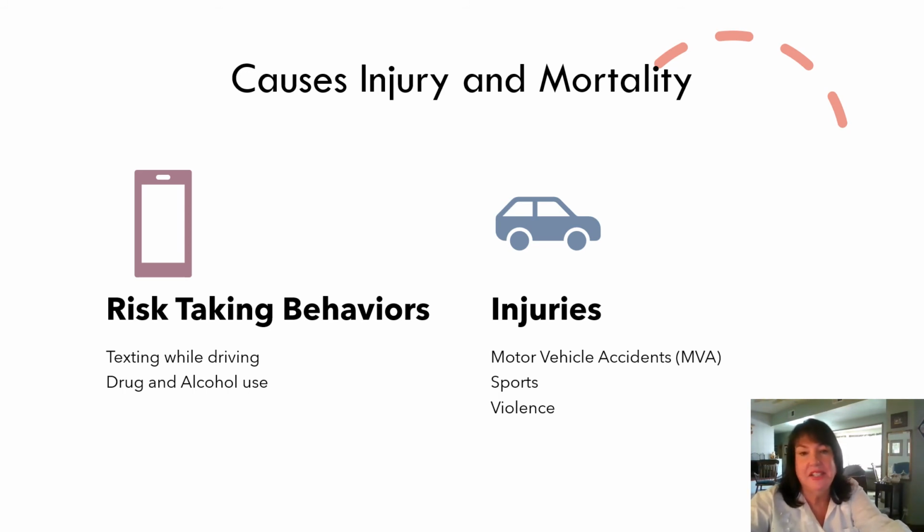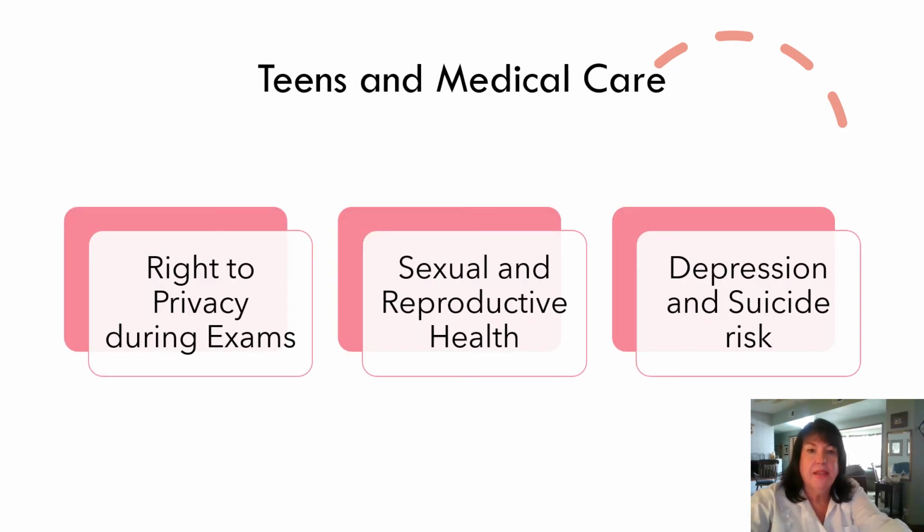Violence, their risk of death and injury from violence is higher too, just because that age group sometimes can feel less threatened, and sometimes they can be less wise about staying out of situations that might involve some violence.